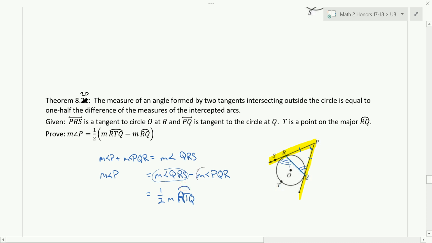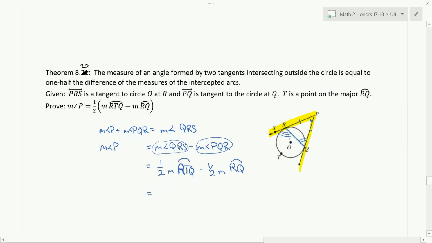And then if we look at the other one, that's an angle between a tangent and a chord as well. So same theorem, so that's going to equal 1/2 the measure of arc QR. And then we factor that 1/2 out. And we get the theorem that we wanted, or the proof of the theorem we wanted.